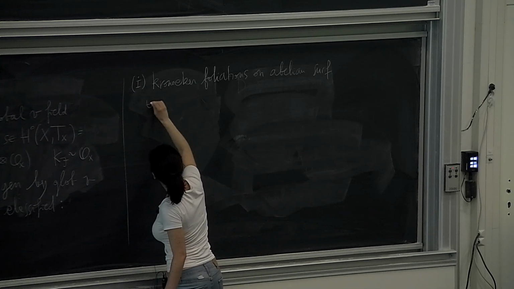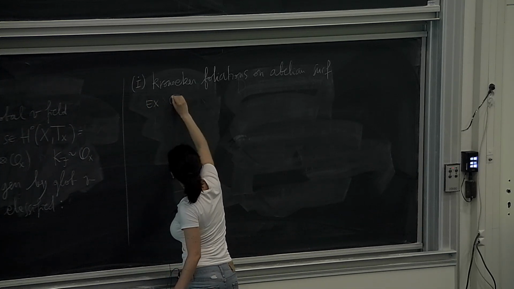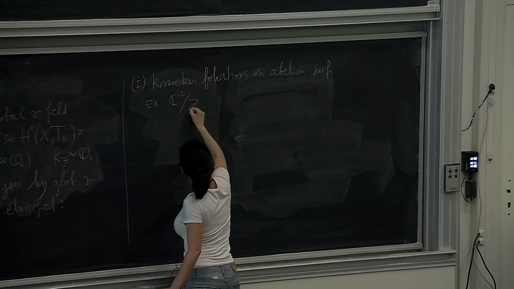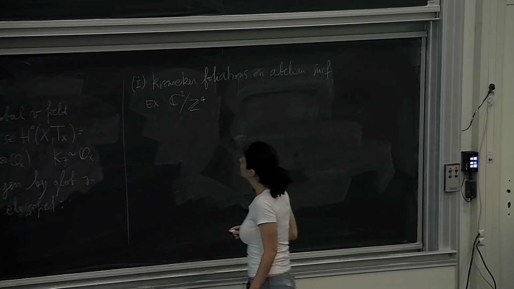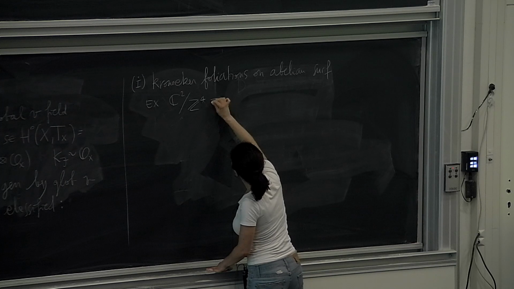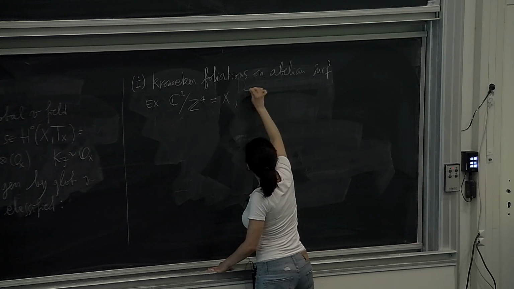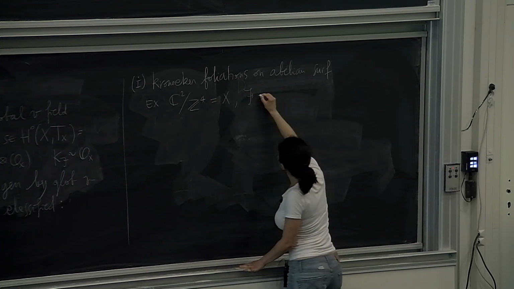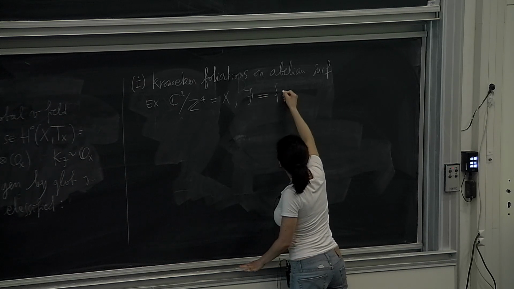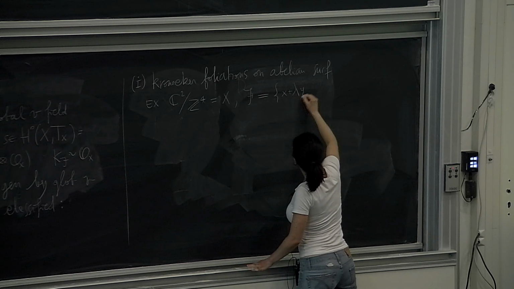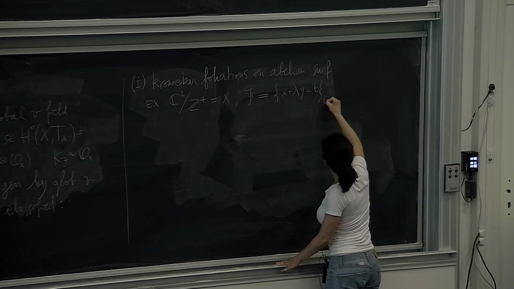So an example is, well, let's take an easy abelian surface. And F given by this distribution of hyperplanes.